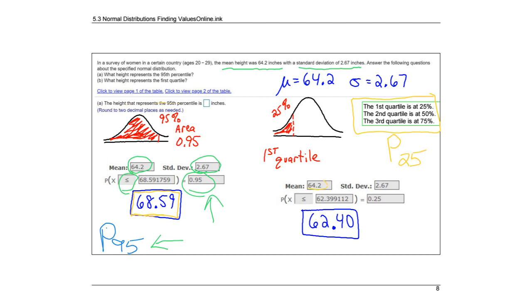So I'm going to put in my mean, standard deviation, less than or equal to, and 25% in as a decimal. And at that point, you hit compute, and it's going to show that if a woman came in with a height of 62.4 inches, she would be at the 25th percentile. So she would be taller than 25% of the other ladies.